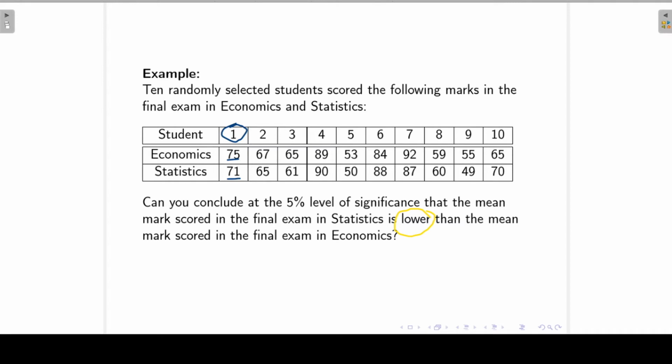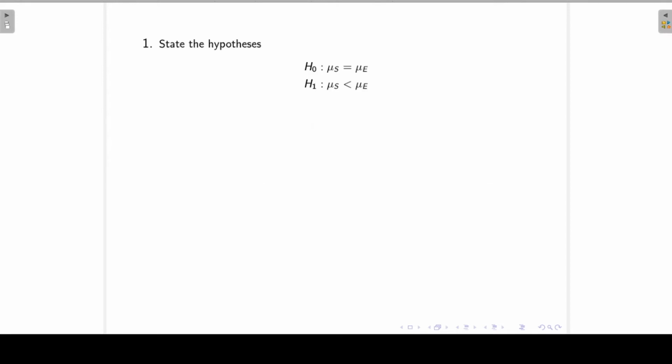So we know that we are working with a one-sided alternative. We can write down our null hypothesis that the mean mark scored in statistics is equal to the mean mark scored in economics, versus the alternative that the mean scored in statistics is less than the mean scored in economics.